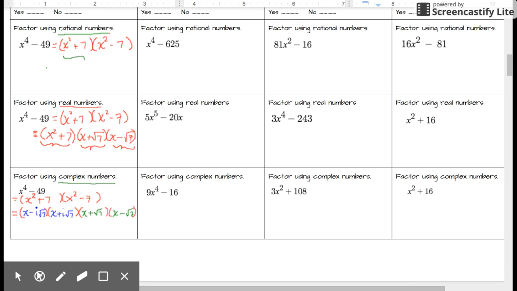This is it. But if we are asked to use real numbers, then we can include irrationals. These are irrationals. And if we are asked to factor using complex numbers, then we can include imaginary numbers, irrational numbers, and rational numbers.